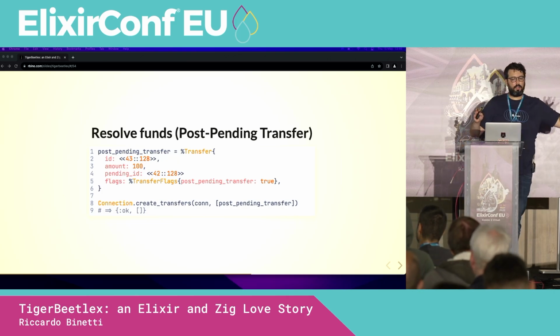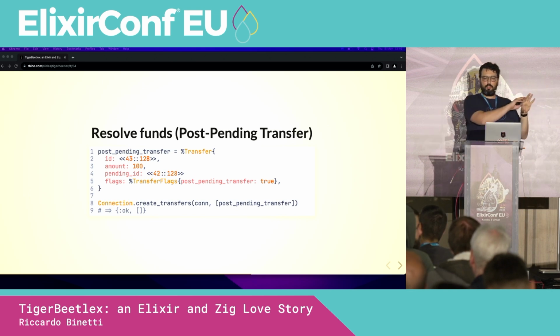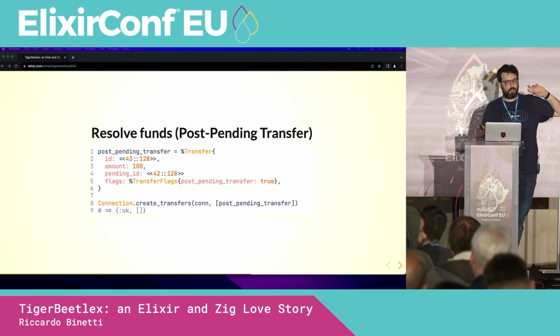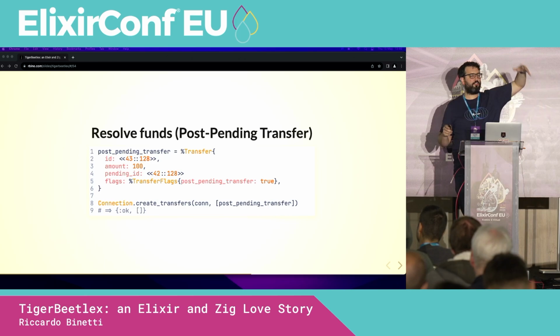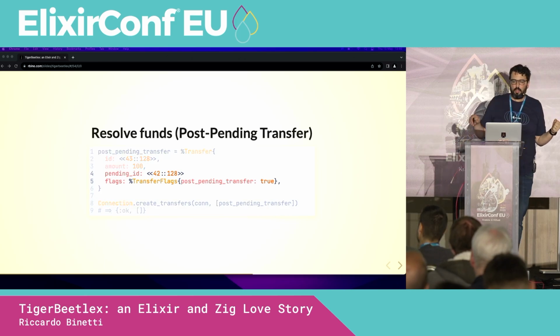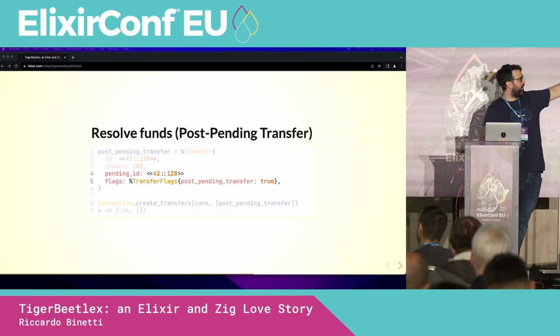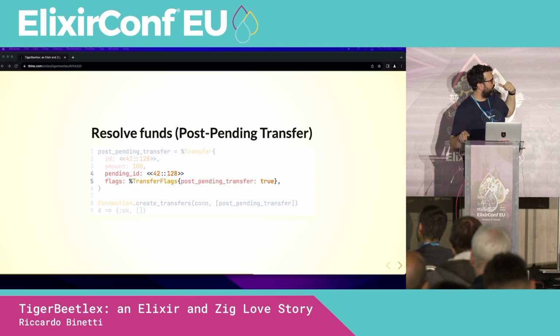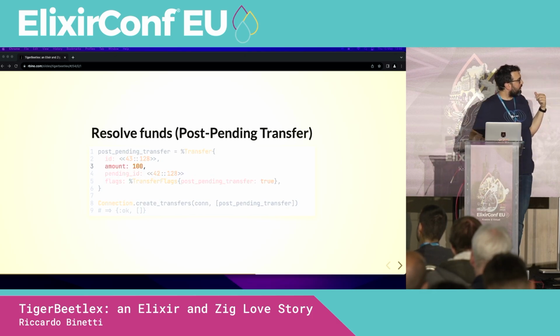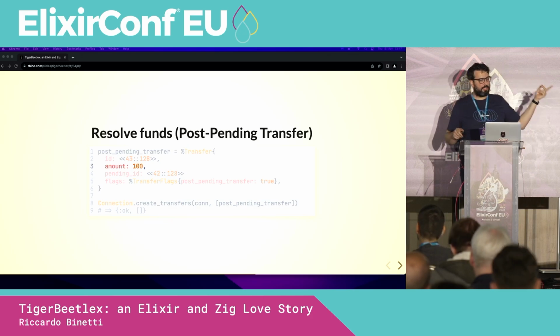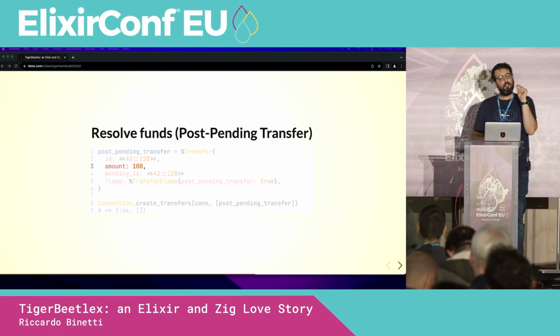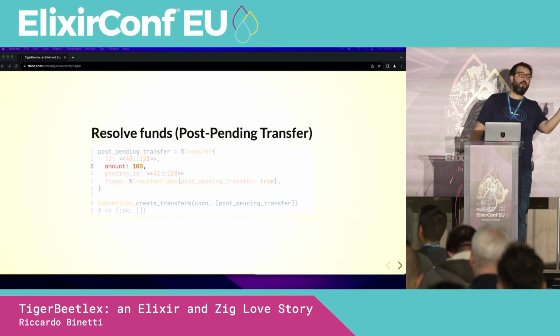In the second phase, you can either post the pending transfer, so you confirm it, and the funds are actually removed from the account, by passing the post-pending transfer flag and the pending ID for the previous transfer. Notice that you still have to pass the amount because you can't post the transfer with a lower amount, for example.